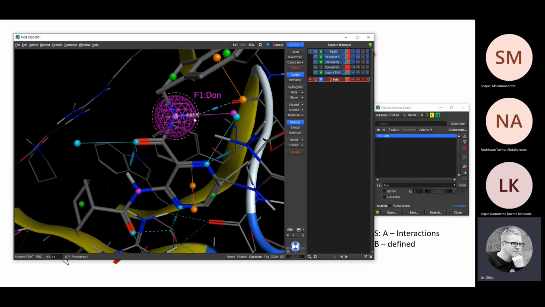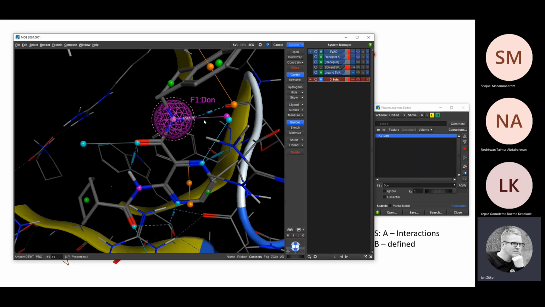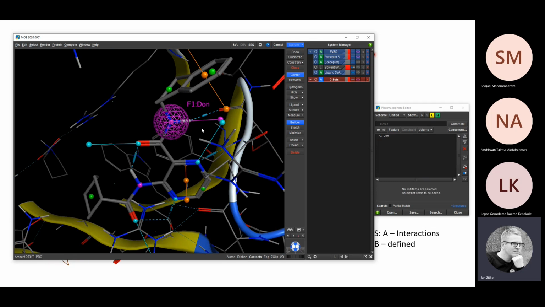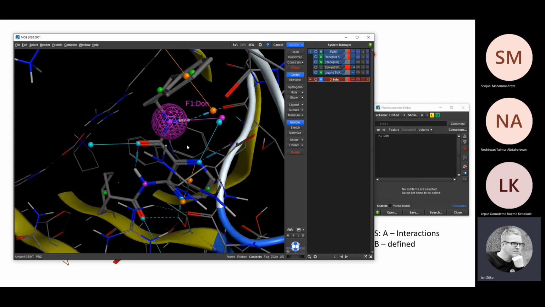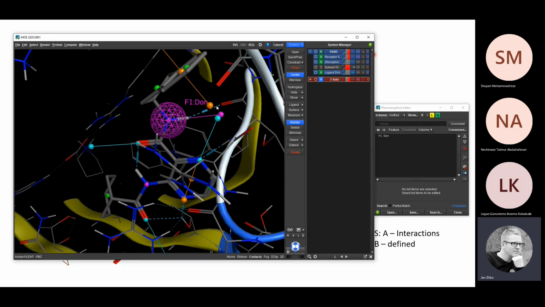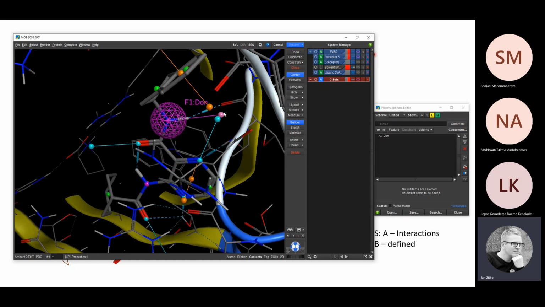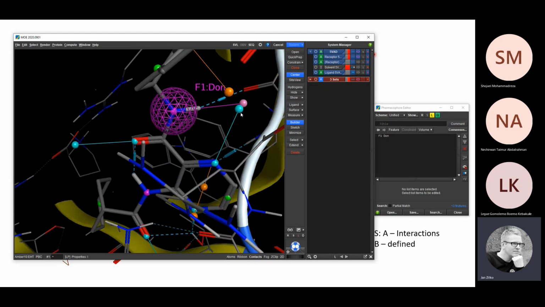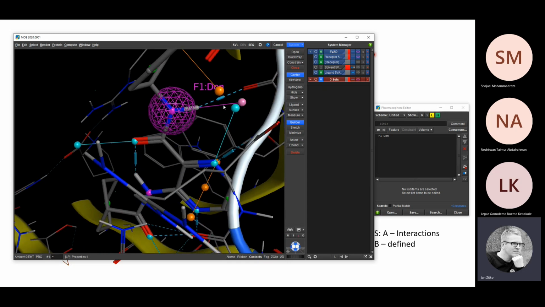Now we have defined only the position, but we have not decided on the direction. If I want to be more precise and tell the computer that I'm expecting the interaction from this direction, which is really the case, I should use this point, which is the projection, which tells me the direction from which I'm accepting the H bond. Please notice that life is never ideal.